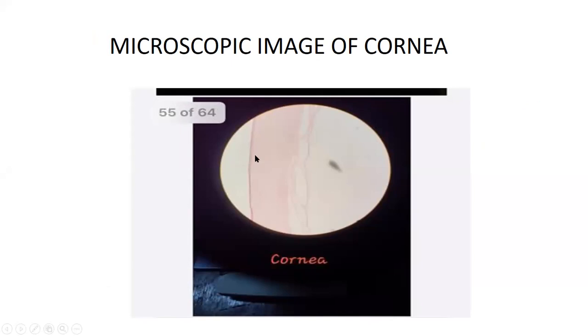This area is 90% stroma, and then the endothelium. So this is the corneal slide you will see in the lab. It is not cut horizontally; this is the most superficial part, that is the first layer, then second, third, and this is the stroma, this is the endothelium. Okay, so this is the microscopic image of the cornea.